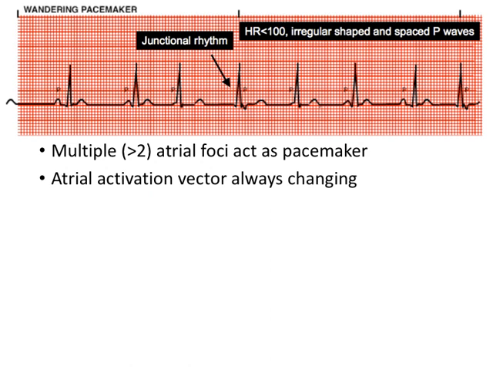A normal ordered P wave will start with the SA node moving to the AV node. We know how the electrical signal will be conducted, we know the timing, but if there's multiple sites, that changes. So the shape changes. The spacing between the P wave and the QRS complex changes.